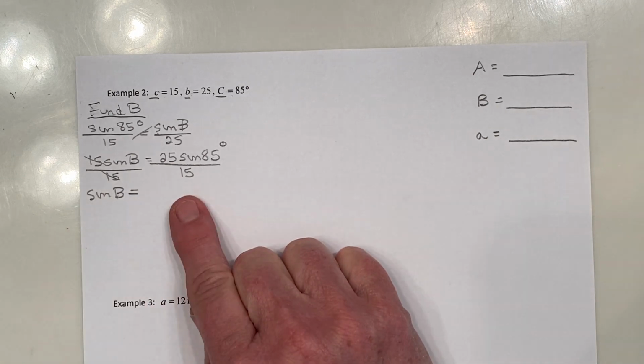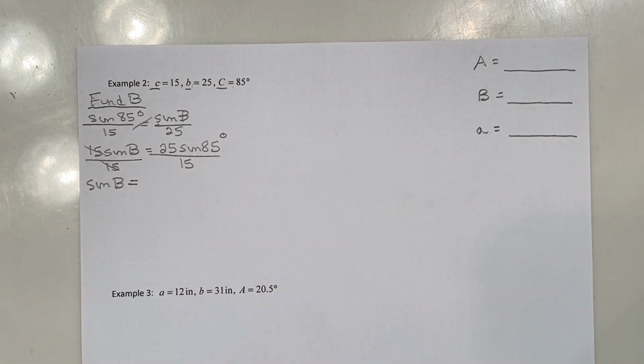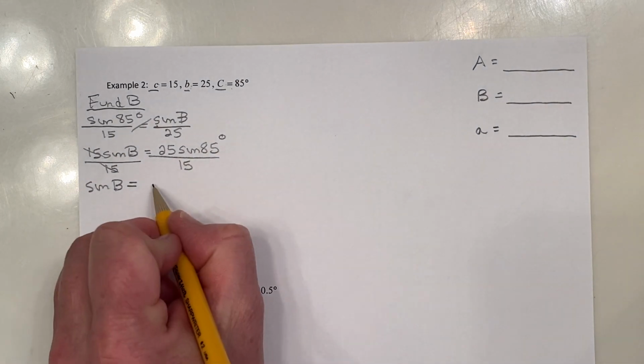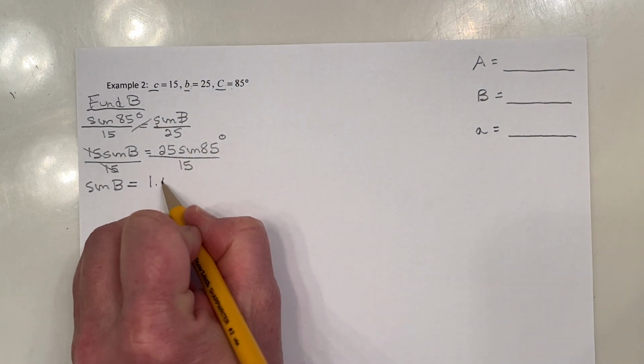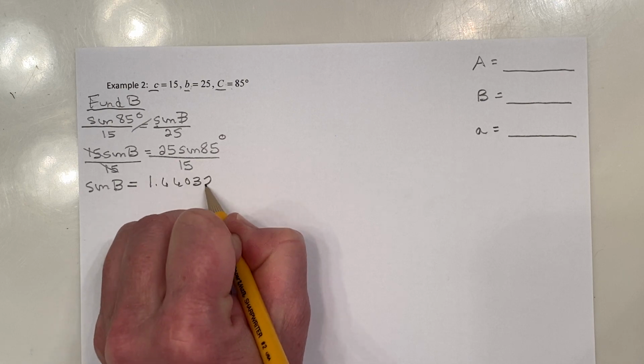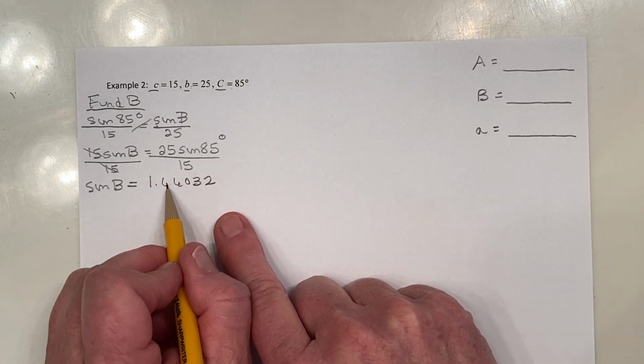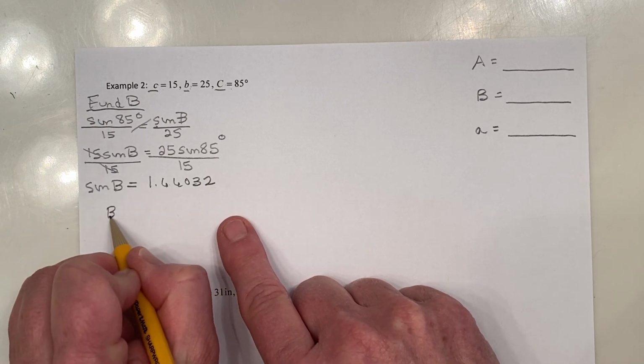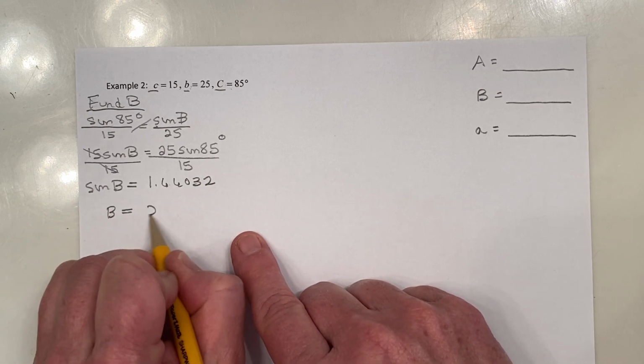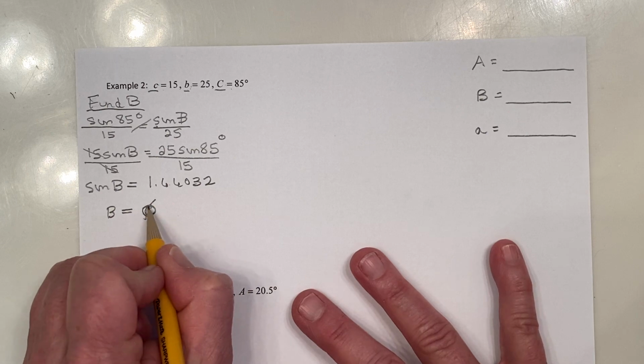I'm going to have to do an arc sine in a minute, but what's this value right here? Let me go to the calculator and find it. This value on the calculator gives us 1.66032. So now do inverse sine, arc sine of that value, and you're going to get an error.